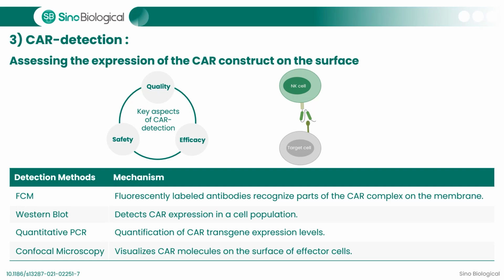CAR expression level and consistency in CAR-T and CAR-NK cell therapy need to be carefully monitored to ensure that the cells will function as intended in the clinical setting. Detection of the CAR expression provides an important quality control measure to ensure that the cells meet the required specification before or after they are used for the treatment.